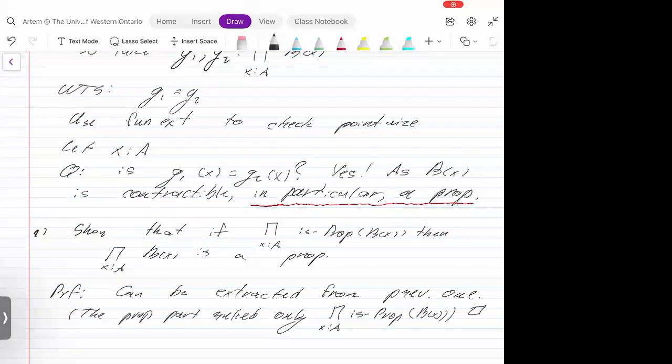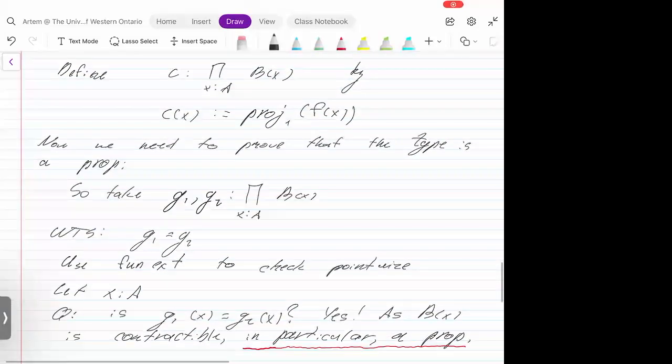I mean, we are defining G1 and G2 as having provided the same definition for both. So I asked myself if, in order to prove G1 of X equals G2 of X, it is required that B of X be contractible.